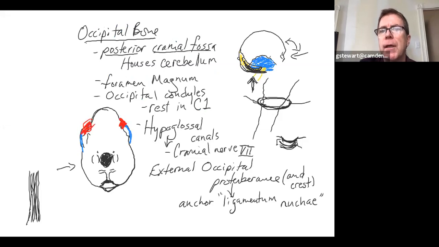So if we were looking at a temporal bone section, here's the flat portion of the temporal bone on the sides of the head, and then there's this bridge-like structure sticking out here called the zygomatic process. It doesn't make this entire bridge, so I'm going to color part of it in red and part of it in blue.